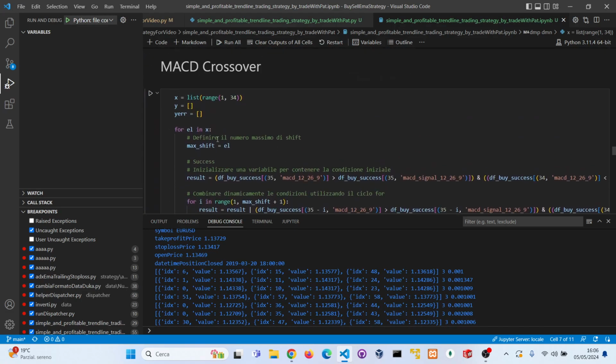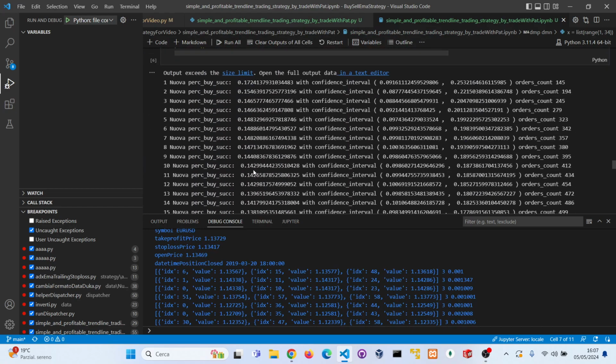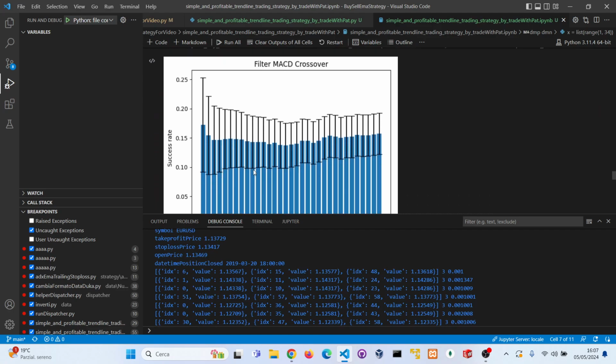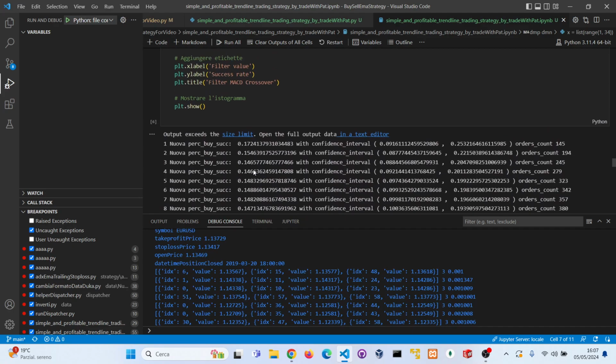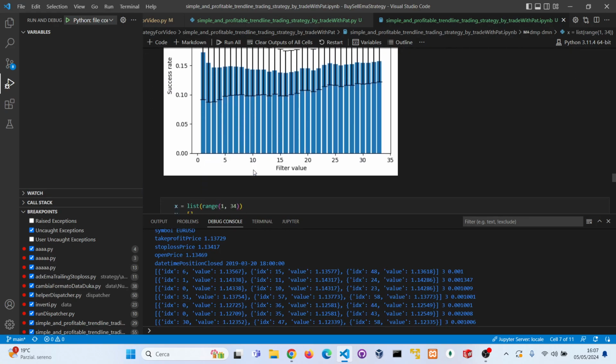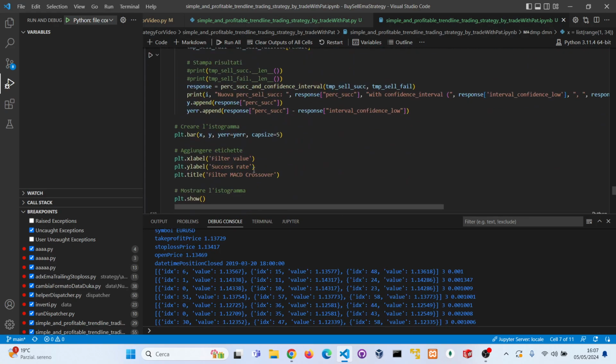I also tried the MACD crossover criteria to filter the trades, but you would not have been profitable, unlike using the criteria of the DMP and DMN.